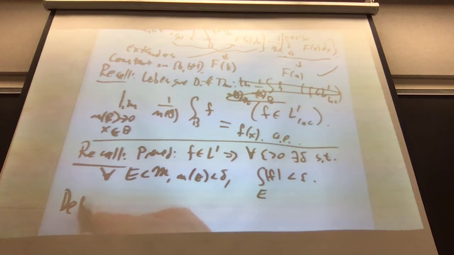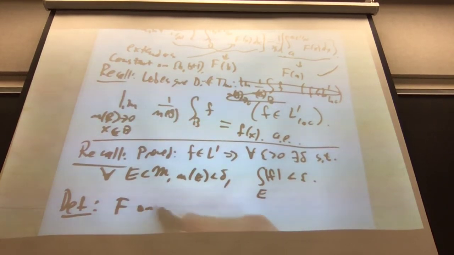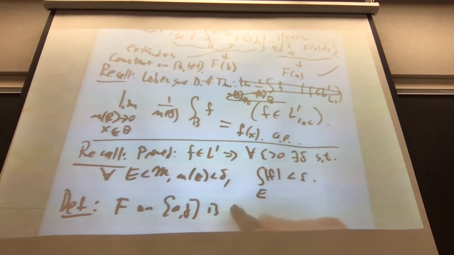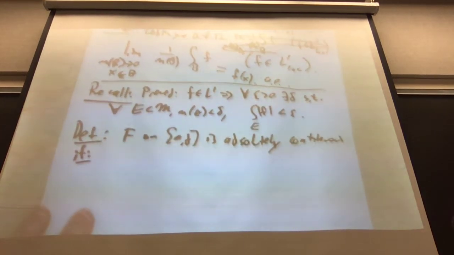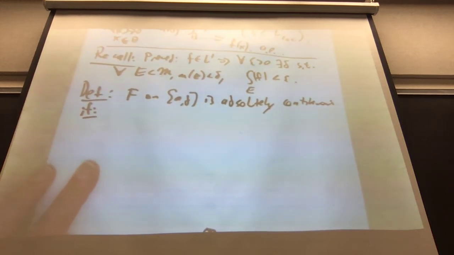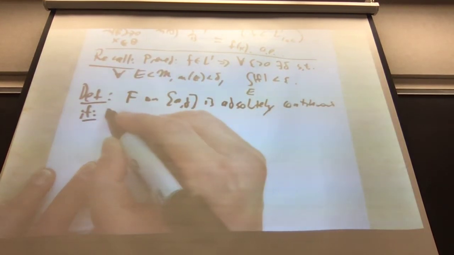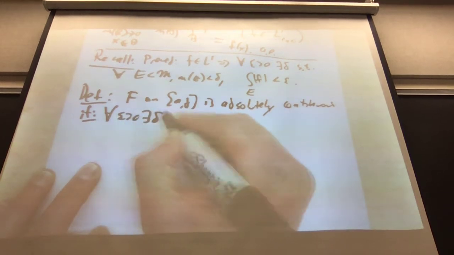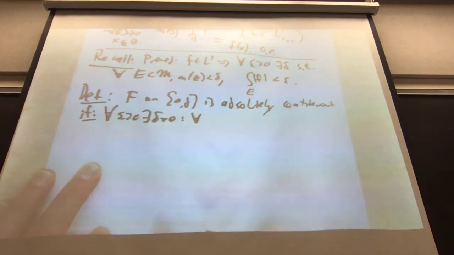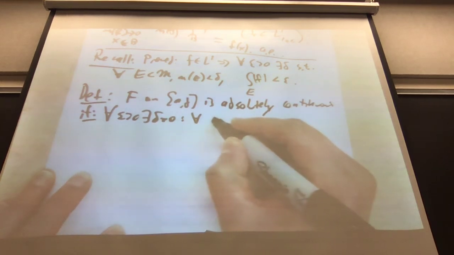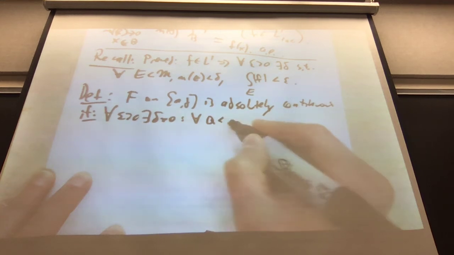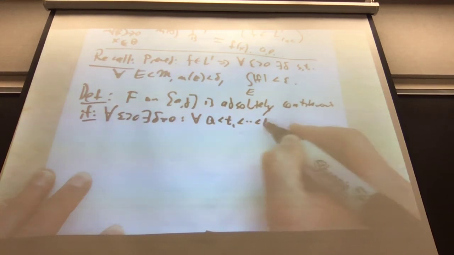Definition: f on [a, b] is absolutely continuous if, let's mimic this, for all epsilon, there exists a delta such that for all, let's say, points T1 through Tn.